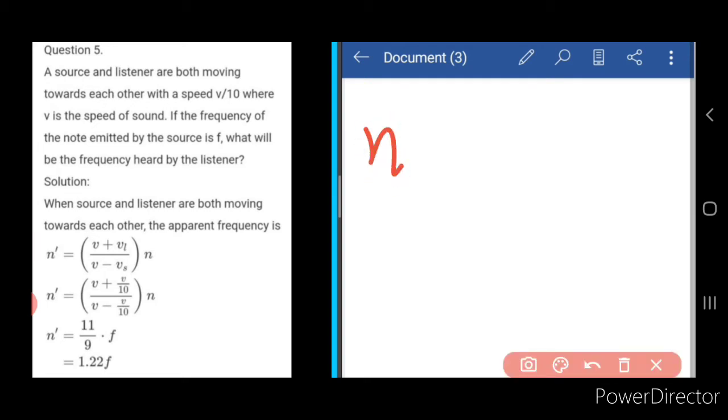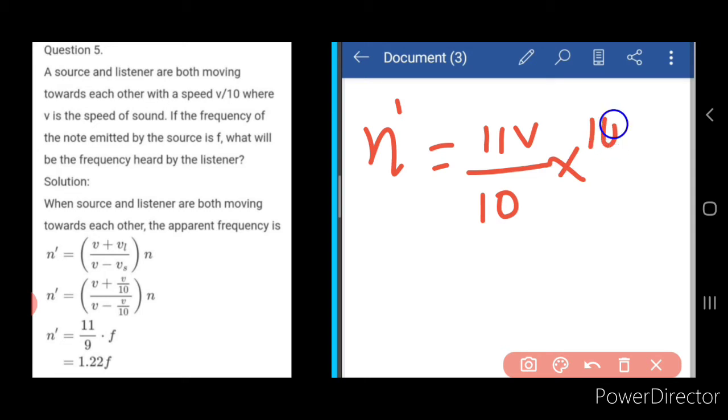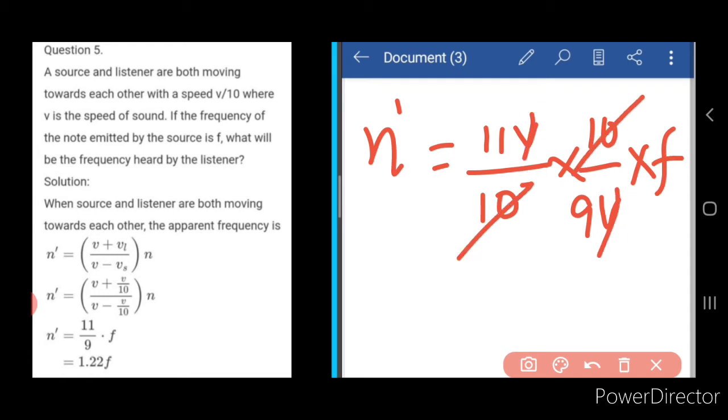So n dash is equal to 11v divided by 10 into 10 divided by 9v into f. Shall we cancel this v and 10? So we will get 11 divided by 9f. So this is the apparent frequency.